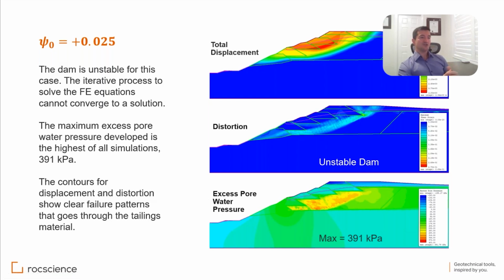So at the time, I showed you these graphs for the loose case for this material. When we were adding that top layer of new tailing coming in, we had generation of excess pore water pressure in the tailing material. We could predict it with the NorSand constitutive model, and we predicted failure for this dam.